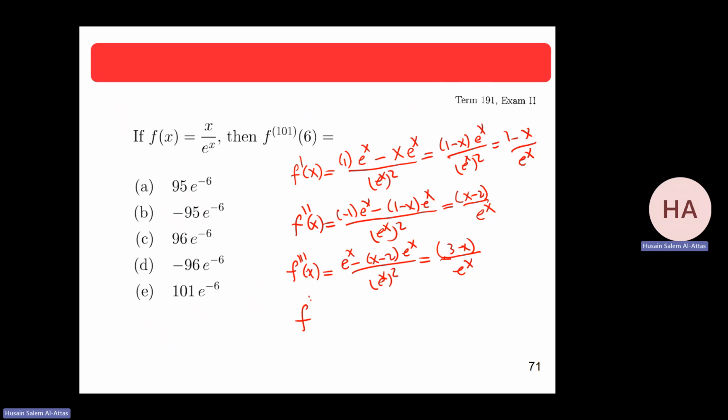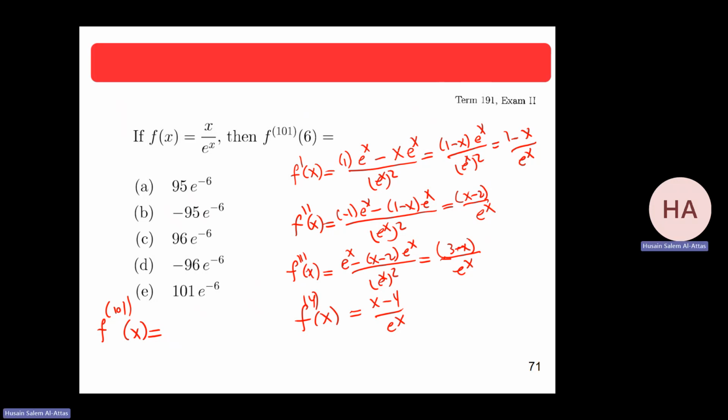So the fourth derivative, if you notice, this is 1 minus x, this is x minus 2, this is 3 minus x, so I'm expecting this to be x minus 4. What I need, the 101st derivative, odd: the odd is the number minus x, the even, x minus the number.